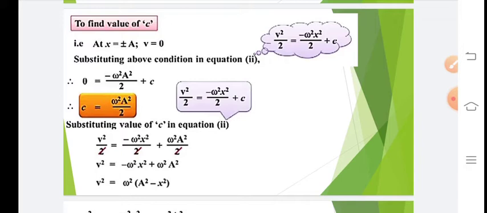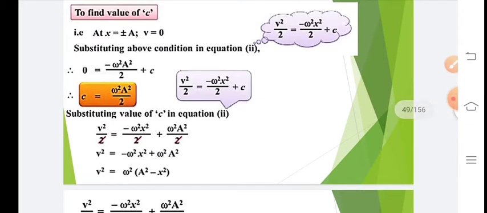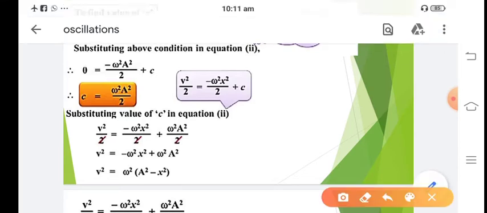So substituting the value of c in equation number 2, v square by 2 is equal to minus omega square x square by 2 plus c. So v square by 2 as it is, then minus omega square x square by 2 as it is, plus the value of c is equal to omega square a square upon 2.